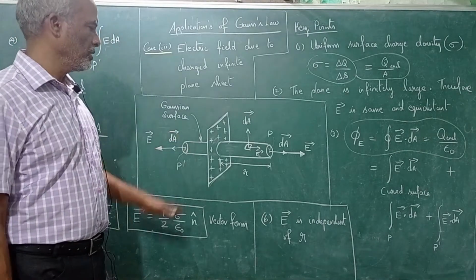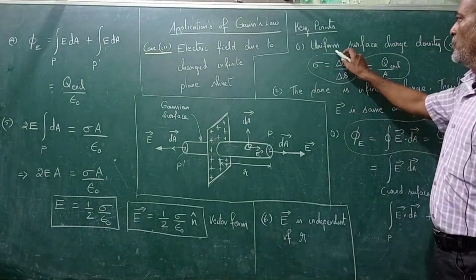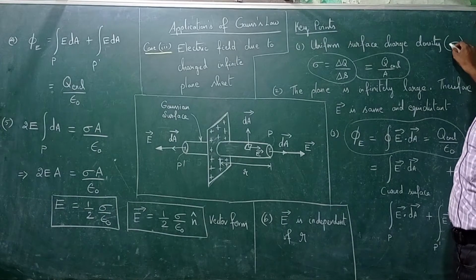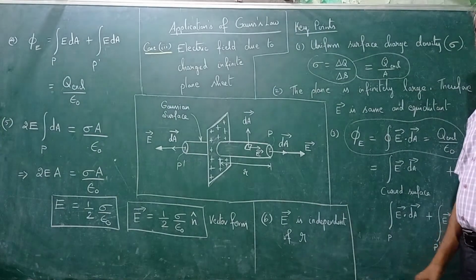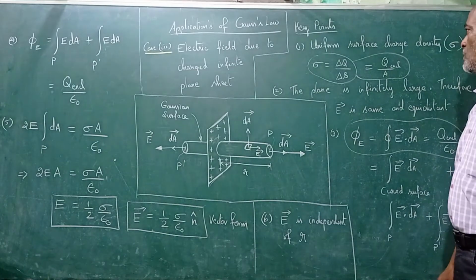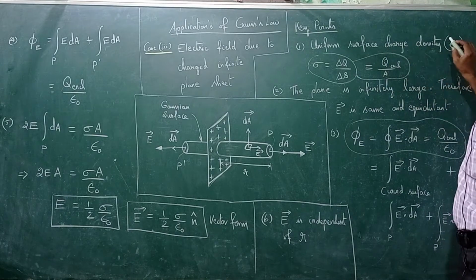The key points we have to remember here: first point, uniform surface charge density. Now we have three types. Here we are going to deal with surface charge density. We have linear charge density and volume charge density. So here, uniform surface charge density sigma.